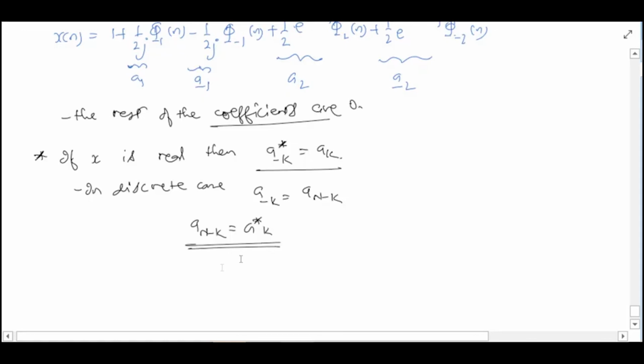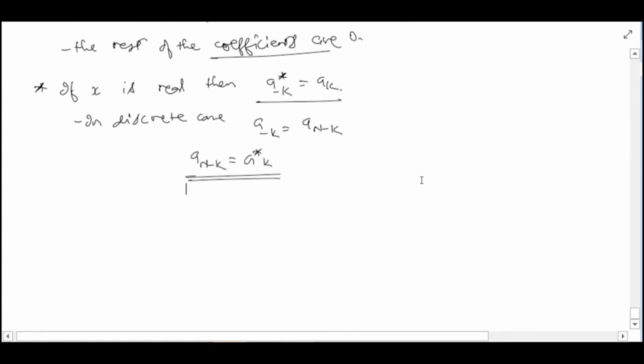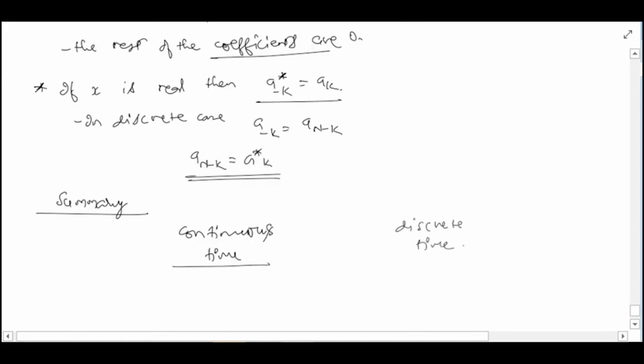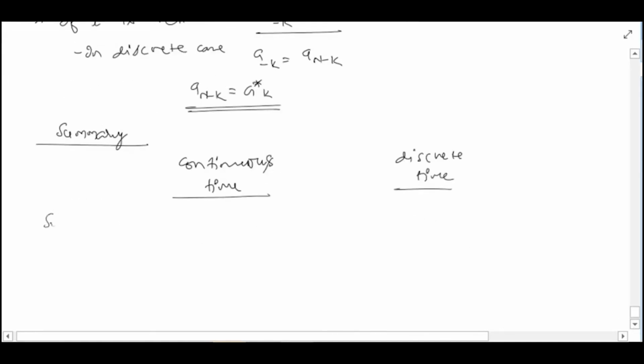So this is all that we have to see about Fourier series. We end this lecture by summarizing the properties of Fourier series in continuous and discrete time. So here is the summary. We have continuous time and discrete time. We saw synthesis equations and analysis equations.